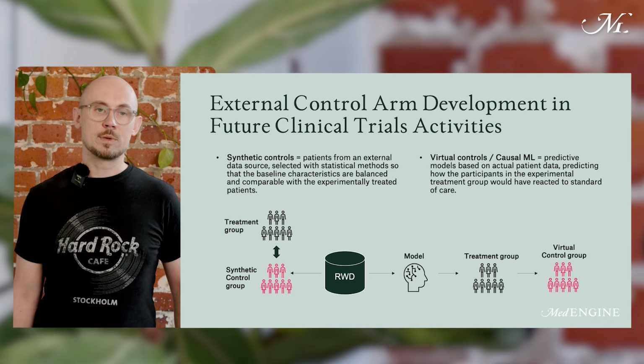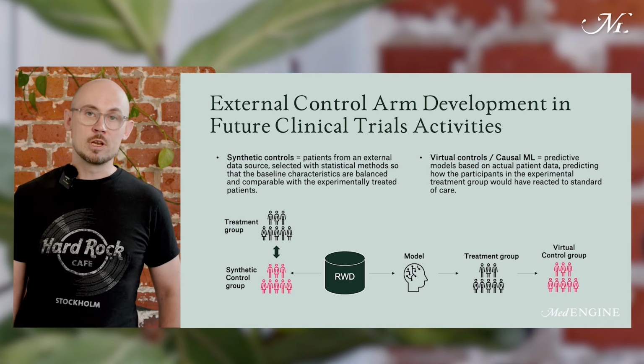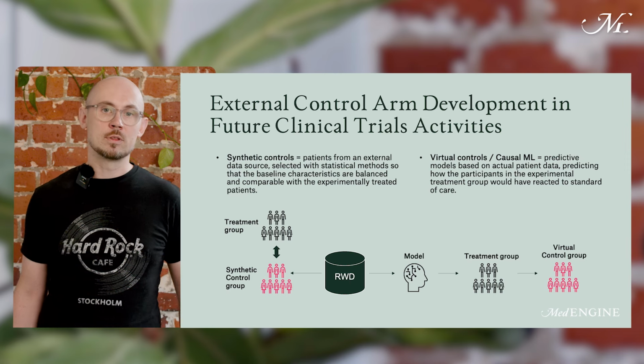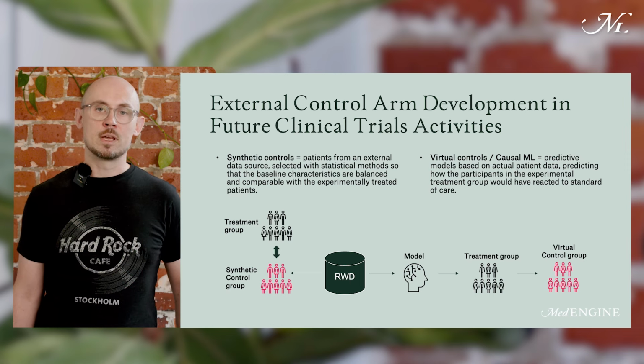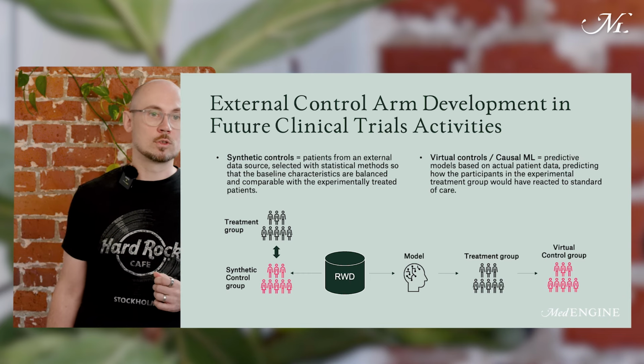The other option would be to create models which predict, using actual patient data, what would happen to the participants in the treatment group if they were only under the standard of care. We were focusing on the synthetic controls.